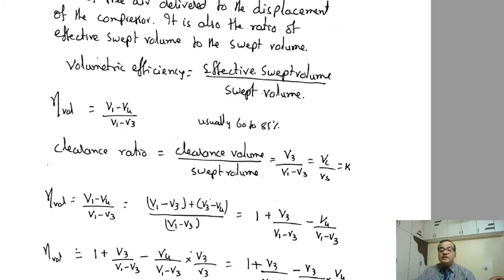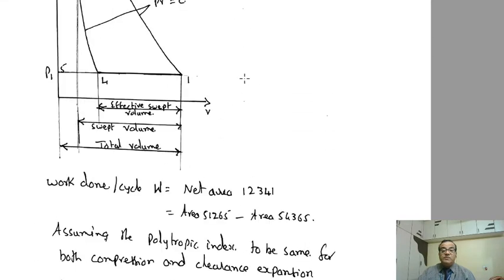If we see the PV diagram earlier, we can say what is swept volume. Swept volume is V1 minus V3. V1 is the total volume, minus V3 will give you the swept volume. Whereas the effective volume is V1, total up to here, minus this, which will be V4.